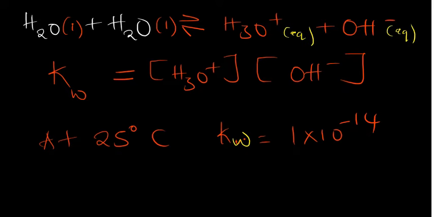I also need to mention that the pH ranges from 0 all the way up to 14. What makes something acidic, neutral, or basic is dependent on the hydrogen and hydroxide concentrations.